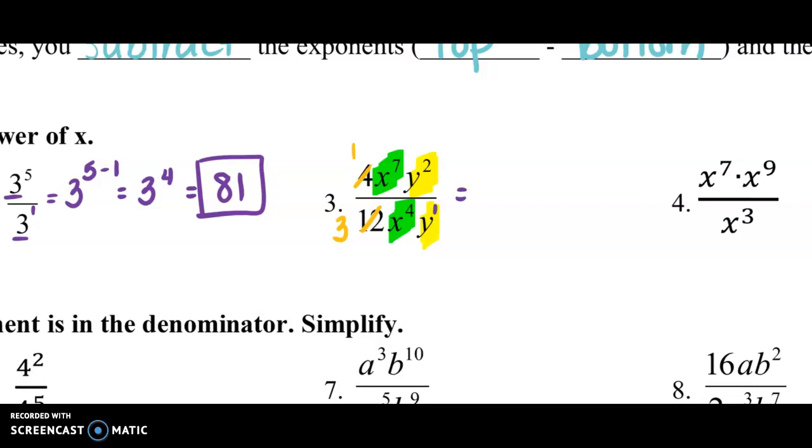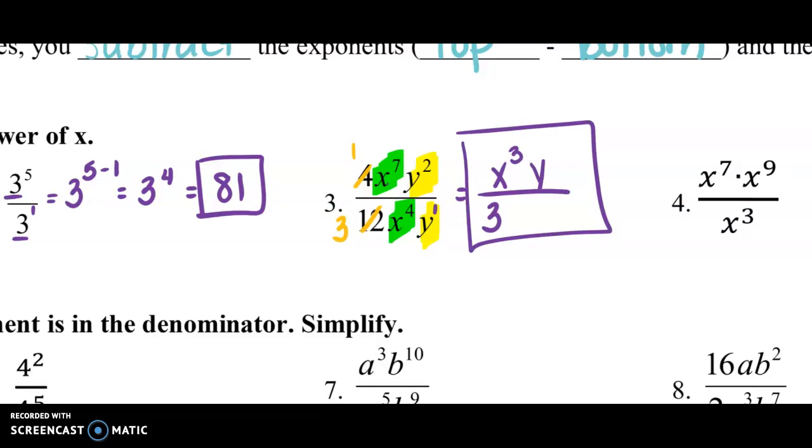So I'm going to have 3 in the denominator. You can write the 1 up top, but you don't have to. X to the 7th divided by x to the 4th is x to the 3rd, right? And that always goes up top, always goes to the numerator. Y to the 2nd divided by y to the 1st, subtract the exponents, so it would just be y to the 1st, or y, and that would be our final answer for that one.